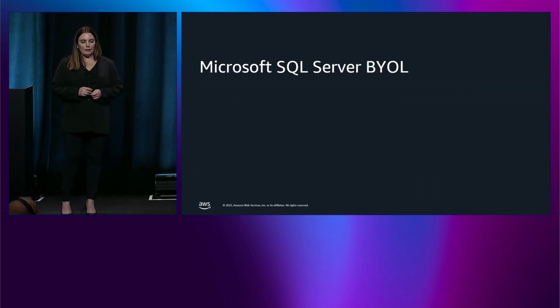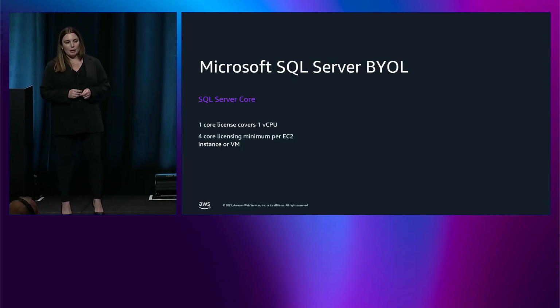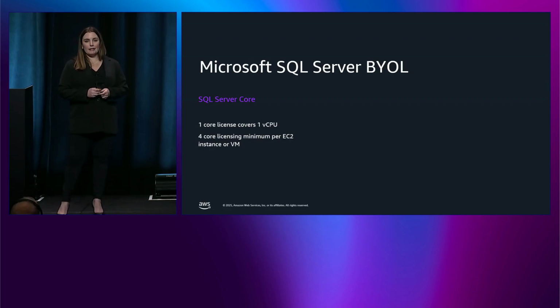So just to dive in a bit more into SQL Server BYOL, just because it is a very popular product for customers to bring. If we're looking at the core model, one core license is going to cover one vCPU on shared tenant EC2. There is a 4-core licensing minimum set by Microsoft. So you could potentially deploy on an instance smaller than 4 vCPUs, but you would still need to assign 4 cores of licensing as a minimum.